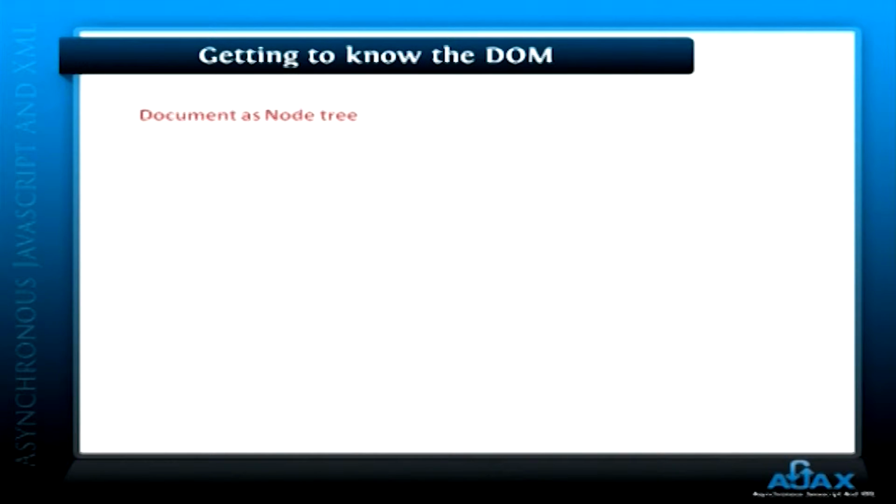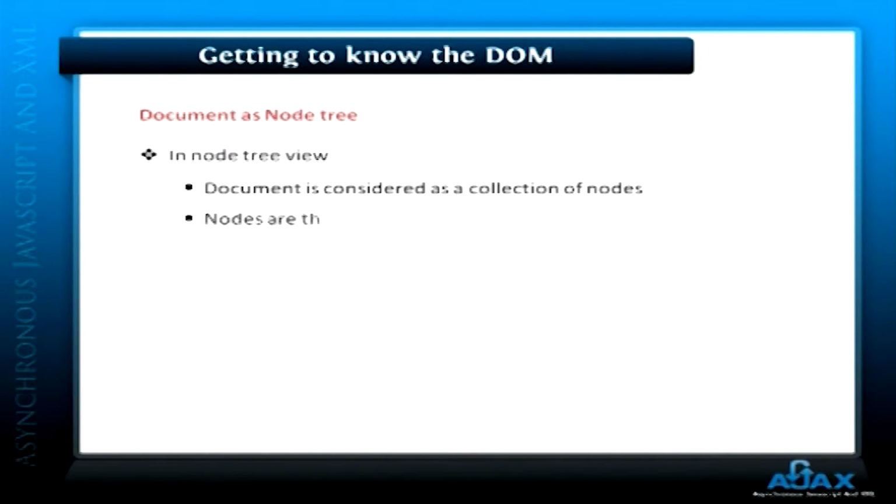Document as node tree. See, in addition to viewing the document as a family tree, it can also be viewed as a node tree. In node tree view, a document is considered as a collection of nodes, where the nodes are the branches and leaves on the document tree. Actually, here in JavaScript we have several types of node.